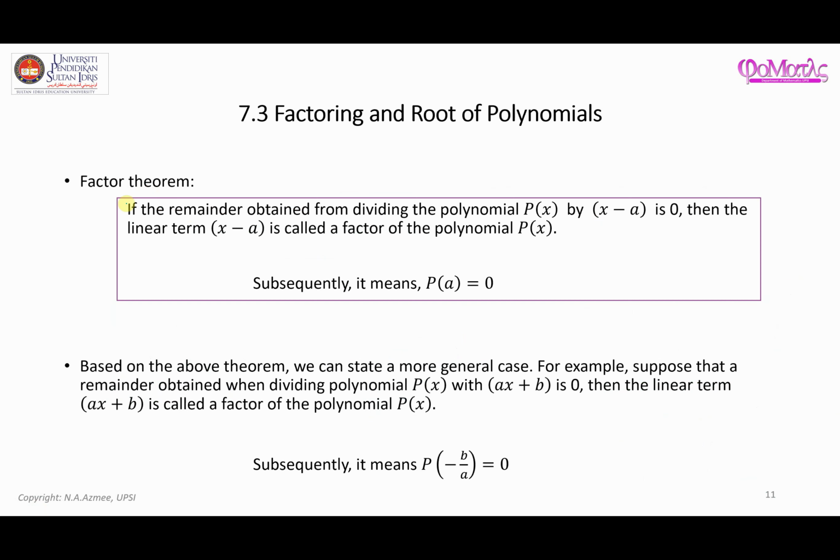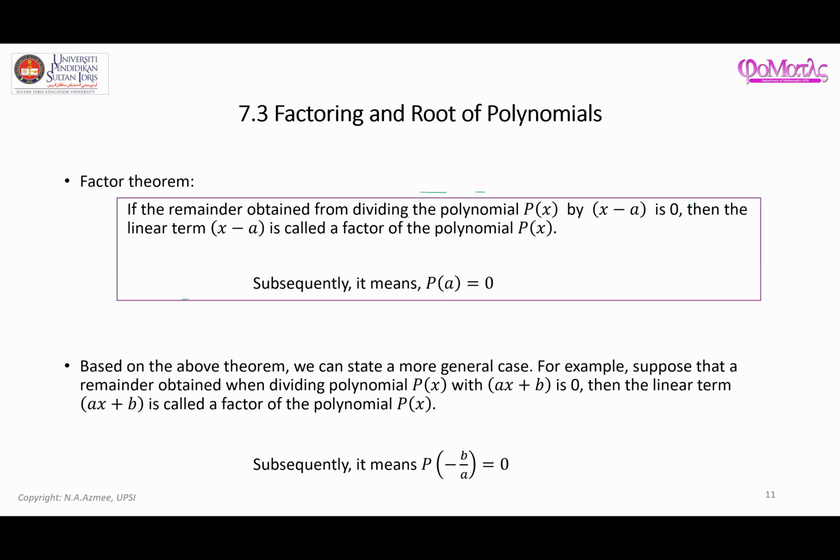Okay, now this is an important theorem, so given in this box here. So basically it says that if the remainder obtained from dividing the polynomial px by x minus a is 0, then the linear term x minus a is called a factor of the polynomial px, and subsequently it means when you substitute a into the polynomial function, the result is going to be 0.